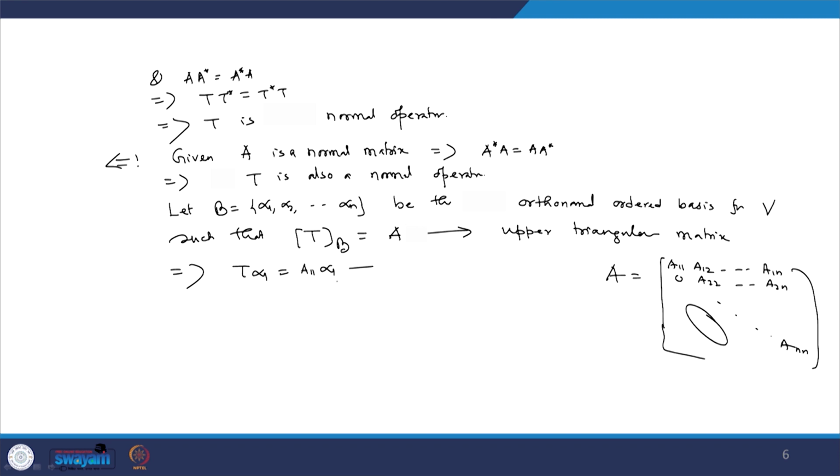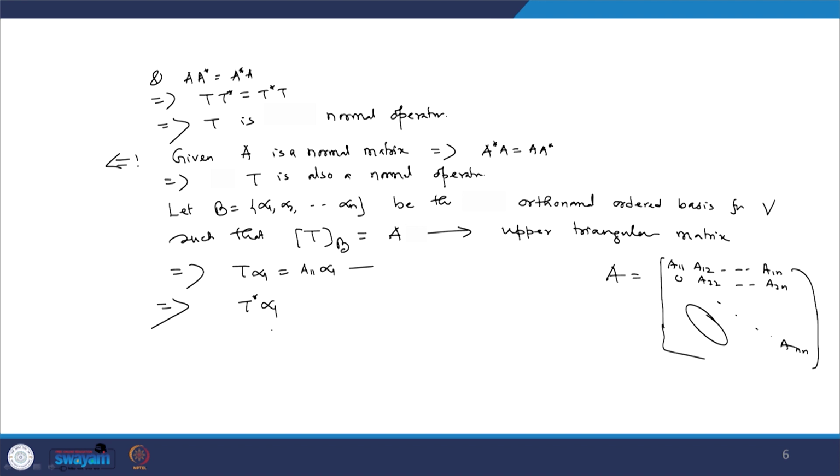So, simply I have T alpha 1 equal to A11 alpha 1. This shows that alpha 1 is an eigenvector associated to the eigenvalue A11.